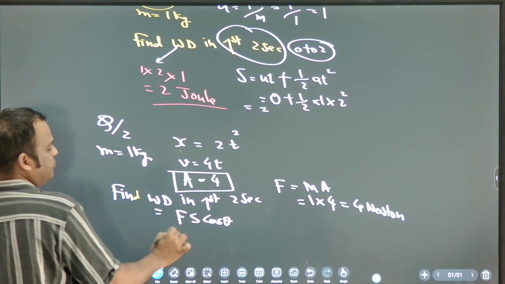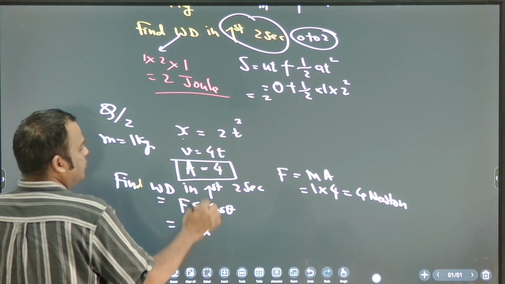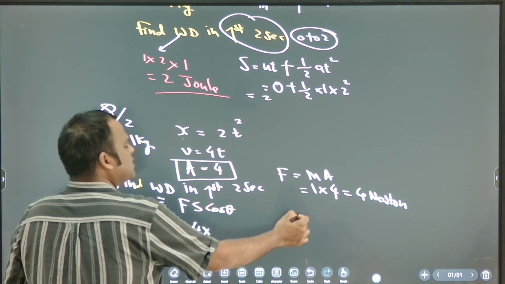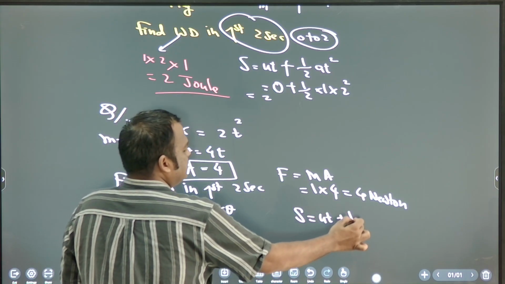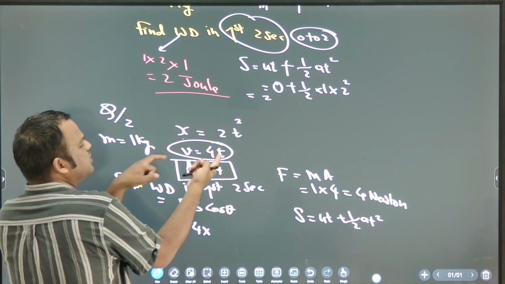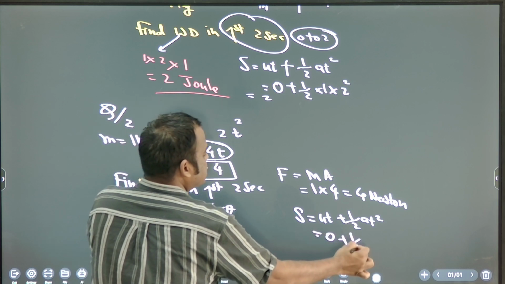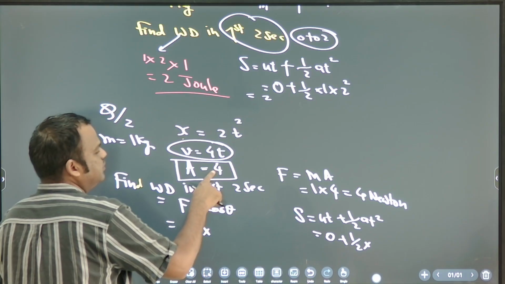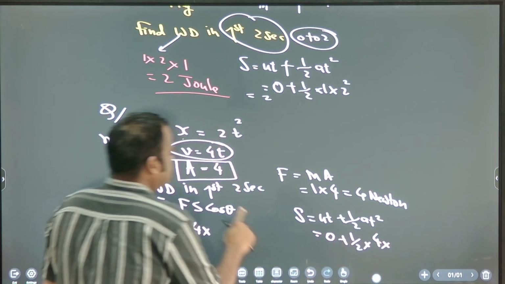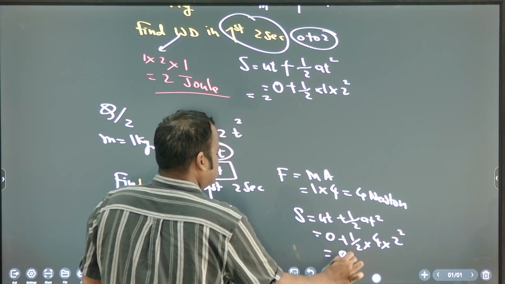Force is 4. Now calculate displacement. Again you can use ut plus half at square. If you put time 0, what is initial velocity? 0. So 0 plus half into 4 into 2 squared, so 8 meter.